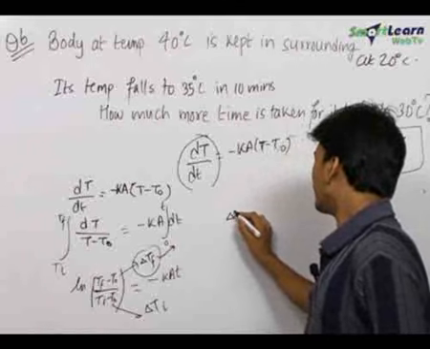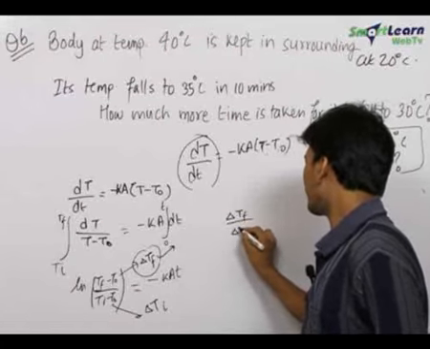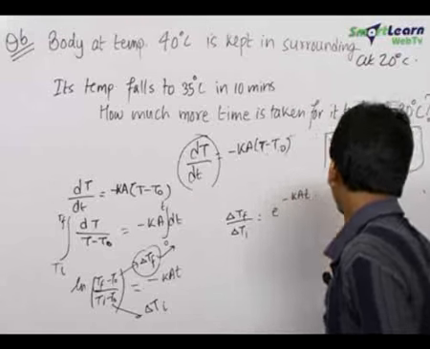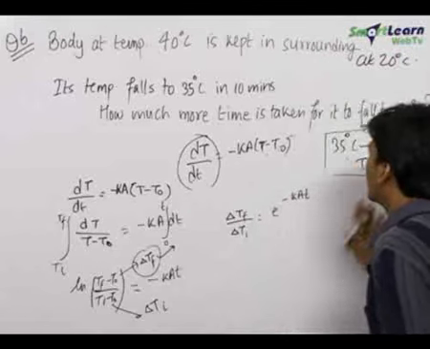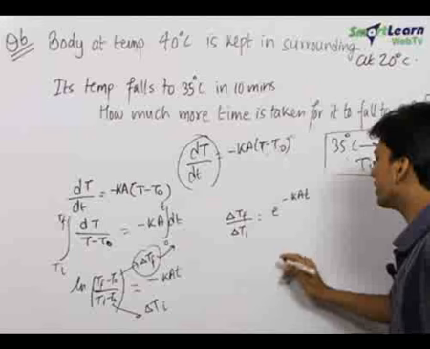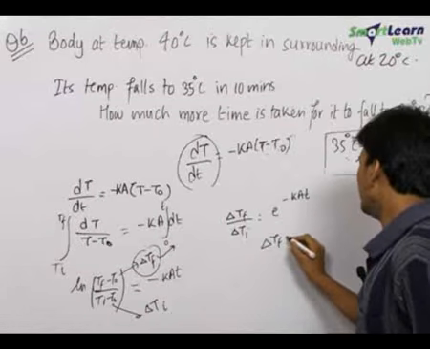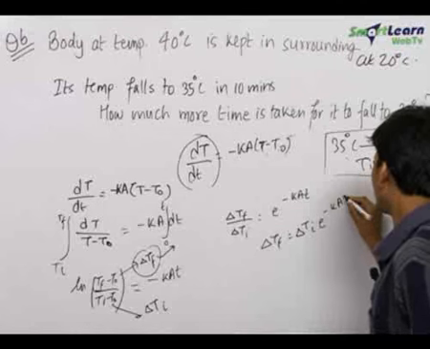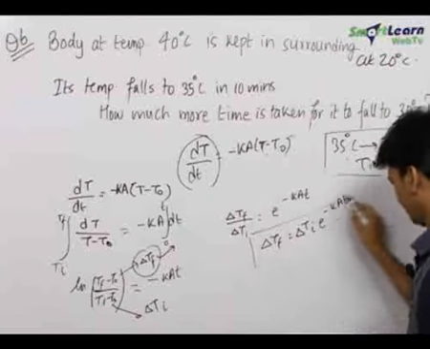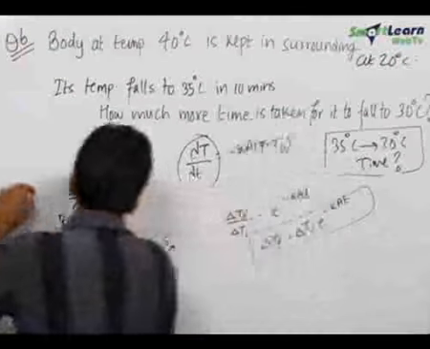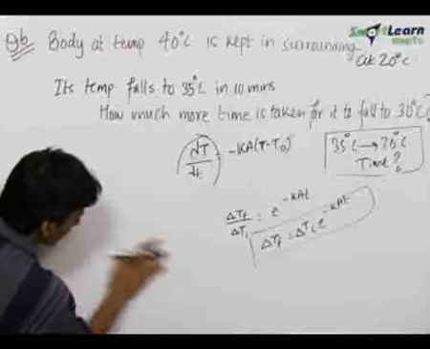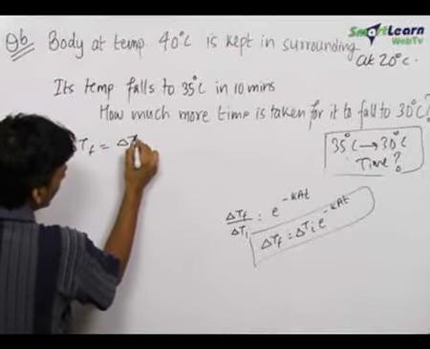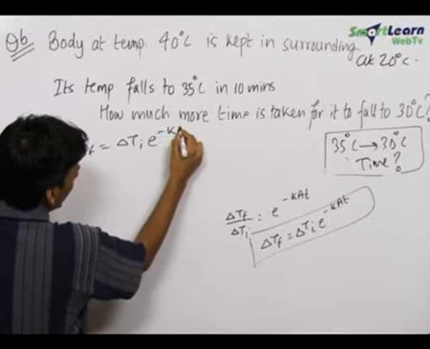Now we can write delta T final upon delta T initial is equal to e raised to minus KA into t. A is the surface area of the object. Therefore delta T final is equal to delta T initial into e raised to minus KA into t. So we get this equation. Let us use this equation now to solve the question.